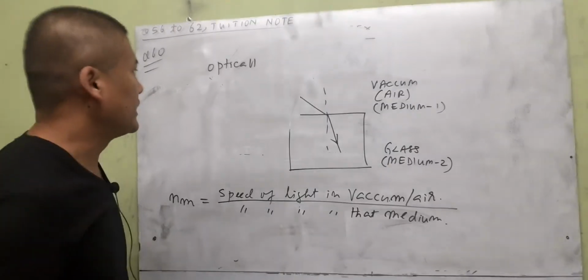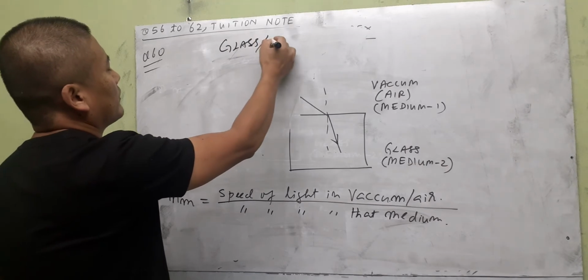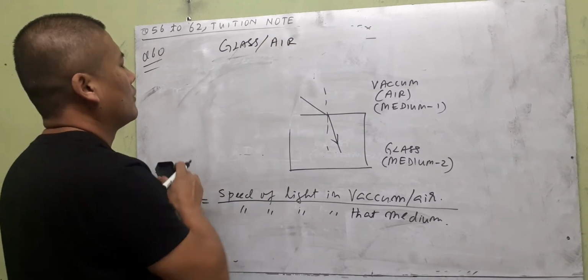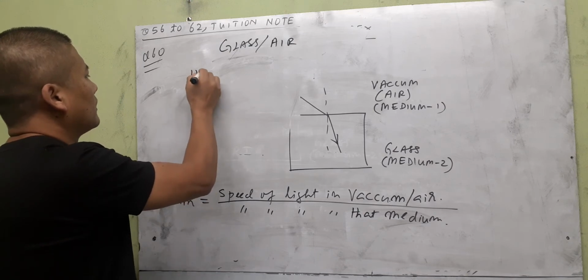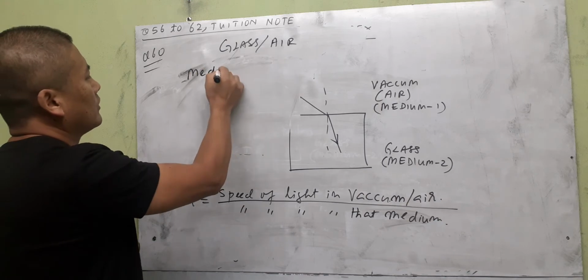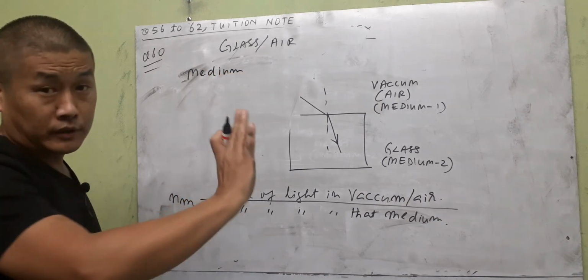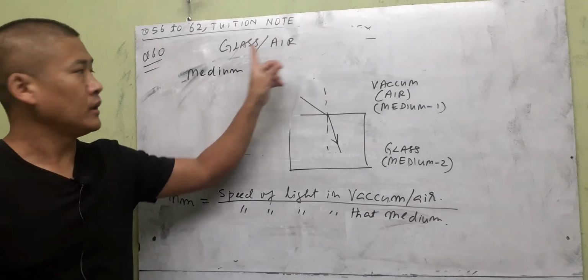When you compare two media, let us say glass, you're comparing with air or water, then out of these two, the medium of higher refractive index is called optically denser. But you cannot do it individually. Optically denser and rarer comes when you compare two.